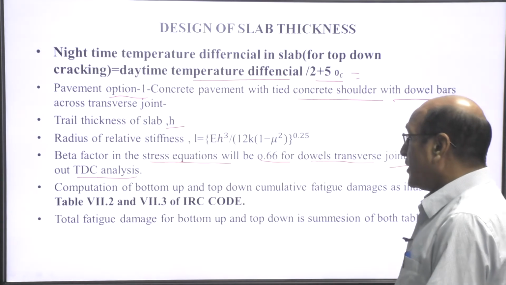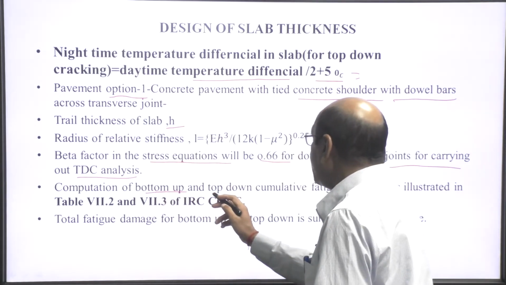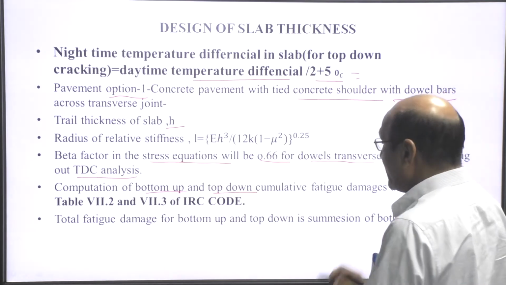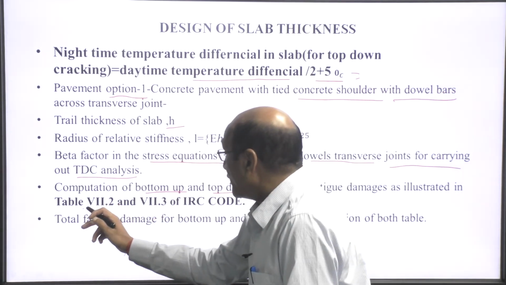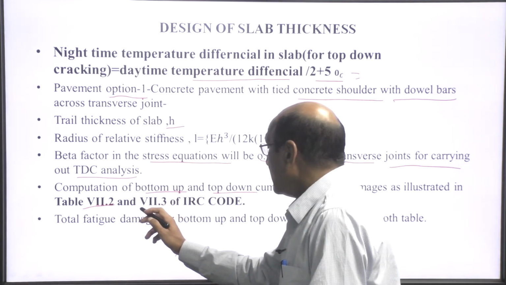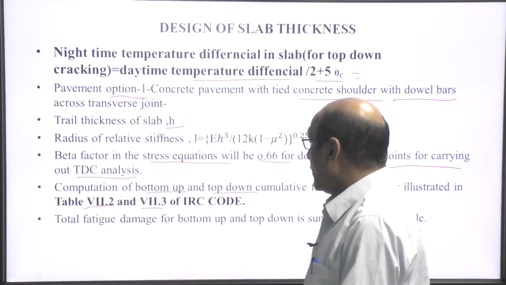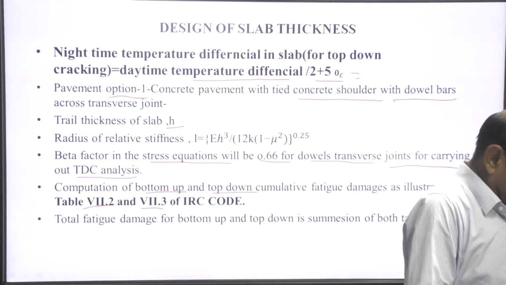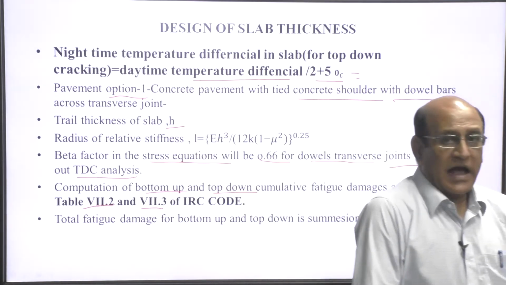Now, computation of bottom up and top down cumulative fatigue damage as illustrated in table 7.2 and table 7.3 of the IRC code.